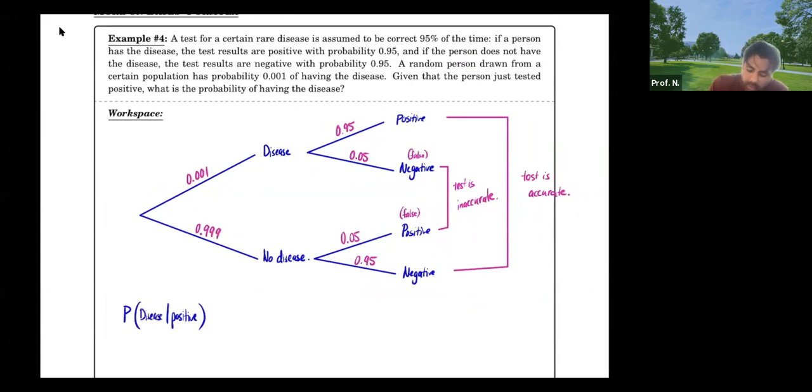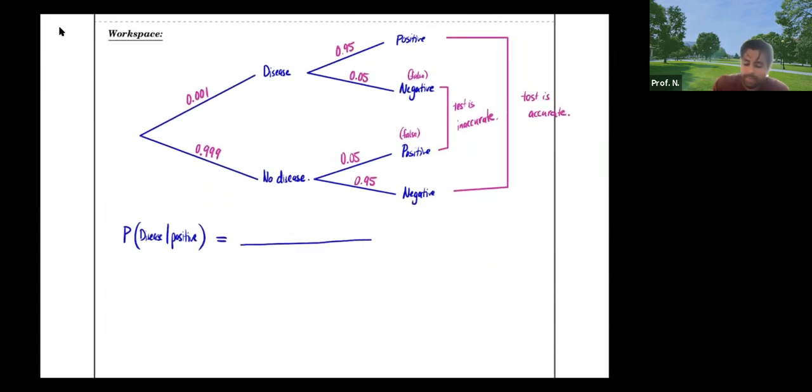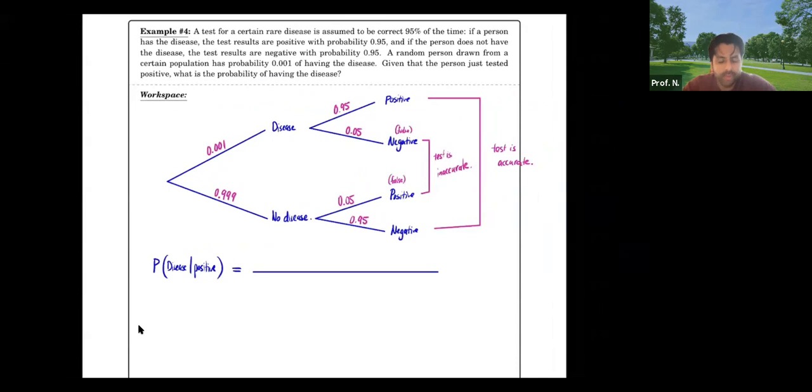So how do we approach this problem? Now that you guys have seen the examples, how do we approach this? What formula are we going to be using? Let's start with that.